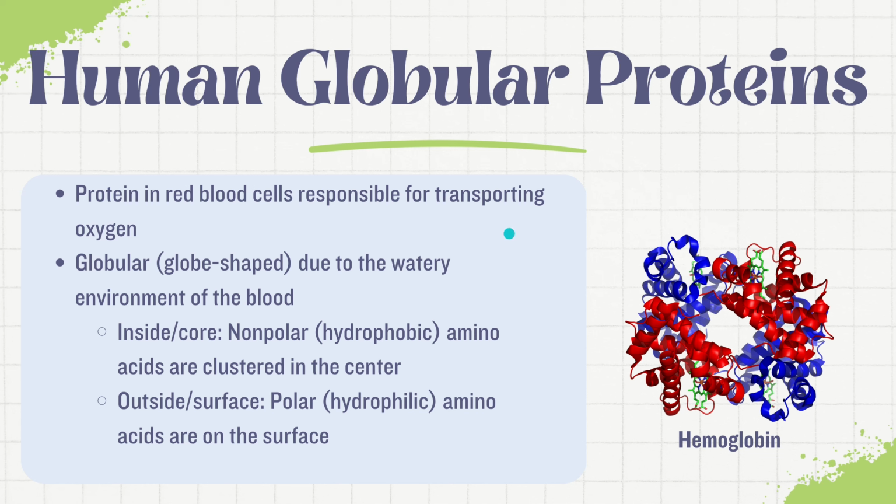So the outside is hydrophilic, so it's polar, which makes sense because you want to be able to move in blood. But the inside, what it's carrying, is nonpolar, hydrophobic. And this makes sense. It's kind of like the semi-permeable membranes in cells we saw before in phospholipids. You had different properties being used on different sides.